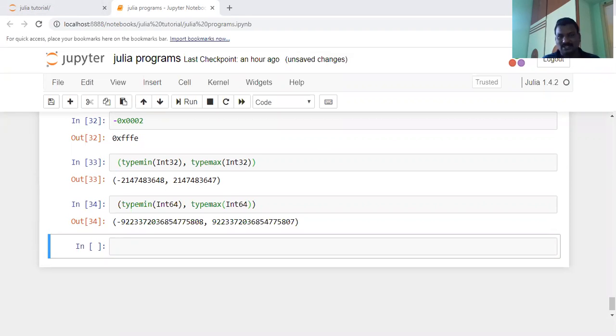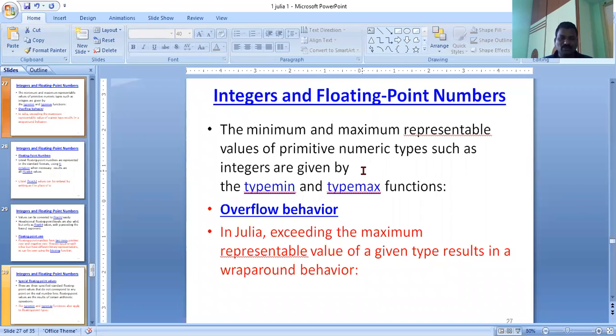Another important point here for numeric numbers is the overflow behavior. In Julia, exceeding the maximum representable value of a given type results in wrapping behavior, the overflow behavior. Let us take a simple example.